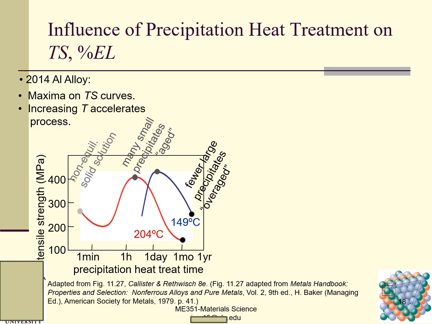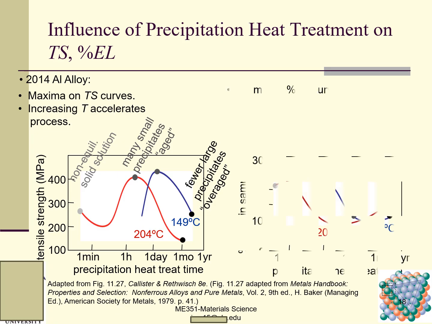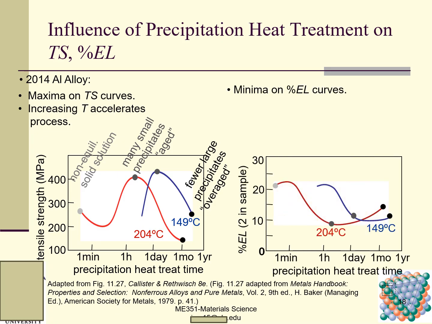This is the precipitation heat treatment time, from 1 minute to 1 year. You can see no equilibrium solid solution, then many small precipitates in the aged condition, going down. And here are fewer, larger precipitates in the overaged condition. The elongation percentage curve goes this way and goes this way.